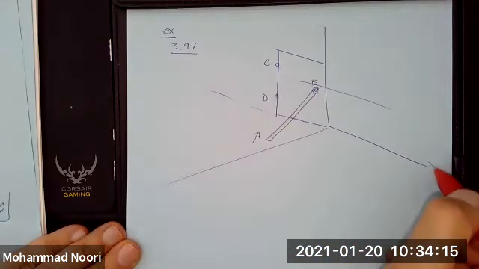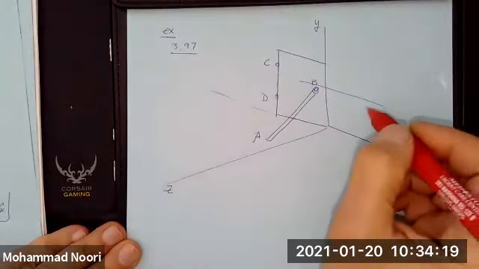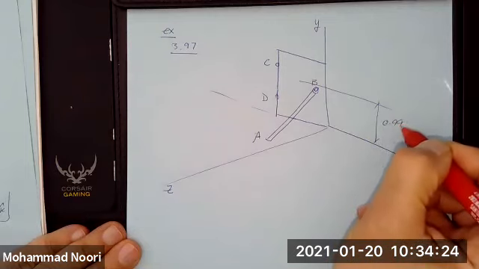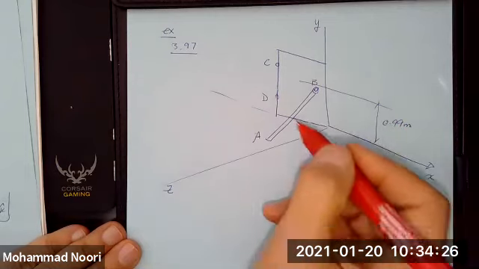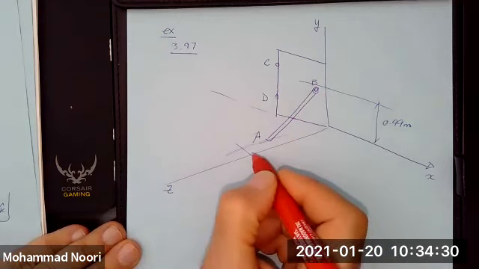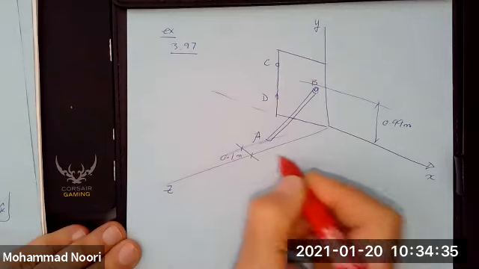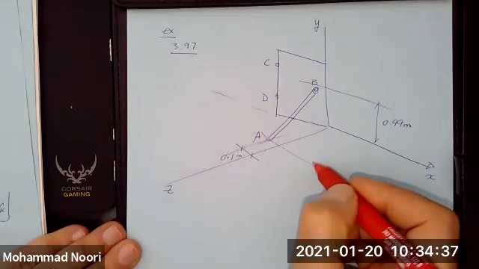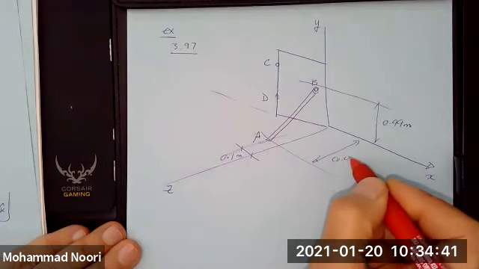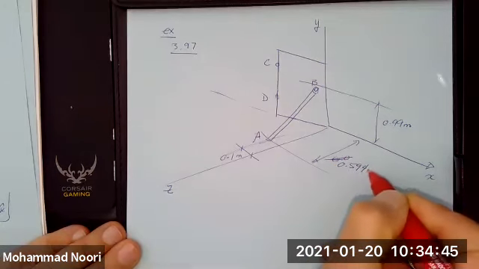So the doorknob, this is X, Y, Z, is at a distance of 0.99 meter from the floor. Okay, this distance is 0.1 meter. This distance is 0.594 meters.